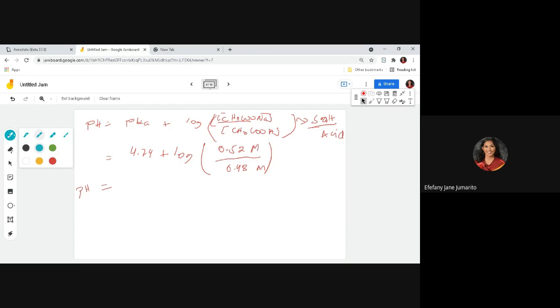The log of this is 0.0347. Then you add 4.74. So pH is equal to 4.77.